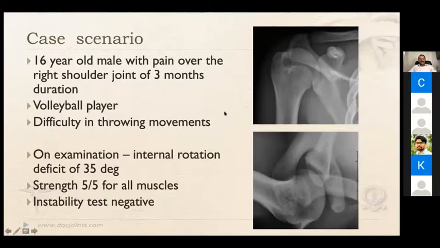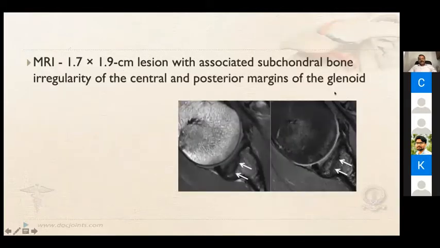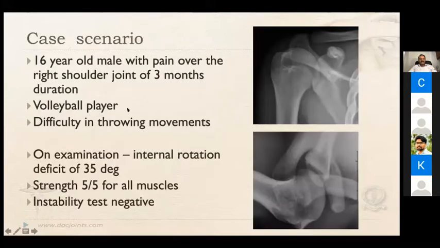Okay, so let's go forwards. That is the MRI of the patient. What is your diagnosis? So let's go back to the patient again. I'll show you the previous slide. 16-year-old male, volleyball player, 3 months pain, cuff swelling.